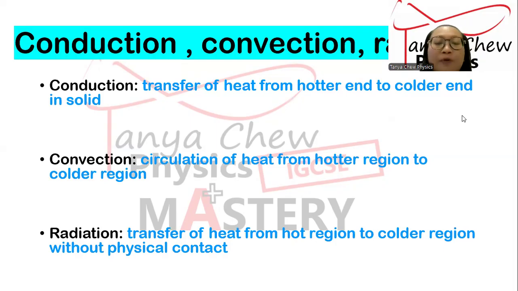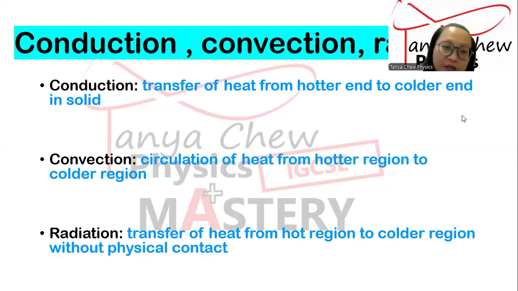If the surrounding and the object have the same temperature, then heat cannot be transferred. Heat is equivalent to thermal energy. When I say heat, it means thermal energy. Thermal energy can only be transferred when there is a temperature difference between two objects, or an object and the surrounding. If the temperatures are the same, no heat is transferred.